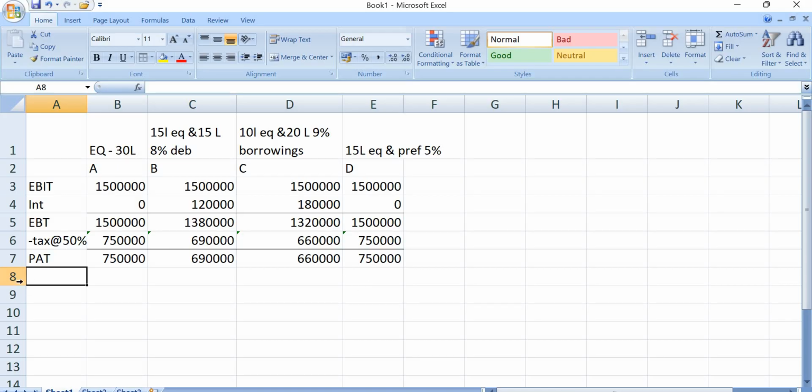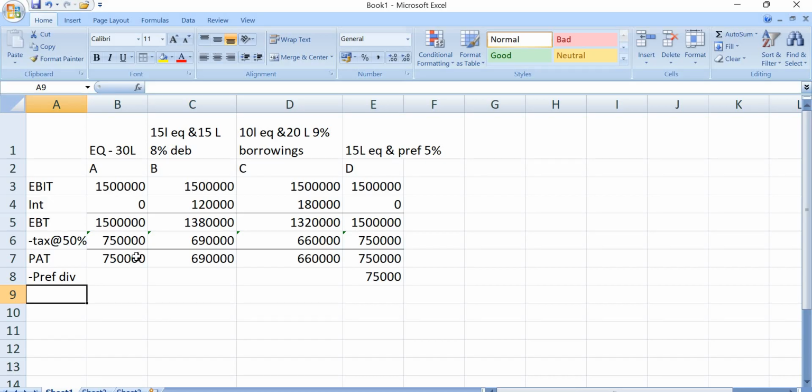So after this, I'm going to pay preference dividend. In A, B, C, there won't be any preference dividend. Only in case of D, we will be having preference dividend. So how much will we pay? 15 lakhs into the dividend percentage, 5%.